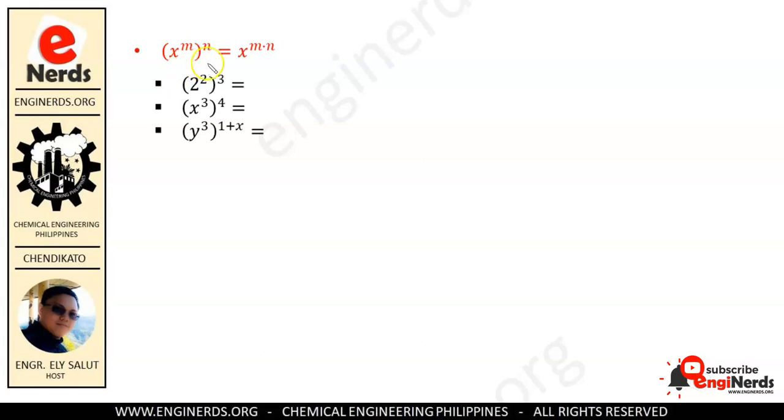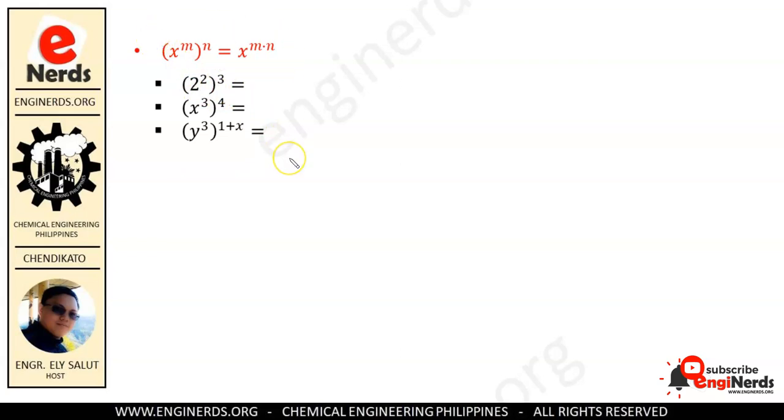And what will happen in this case is you will multiply its exponent by the outside exponent. A common mistake of students is that sometimes they get confused when we have a problem like x to the m times x to the n. The first property says it should be x to the m plus n. But they get confused, and sometimes what they do is multiply the exponents, which is wrong.